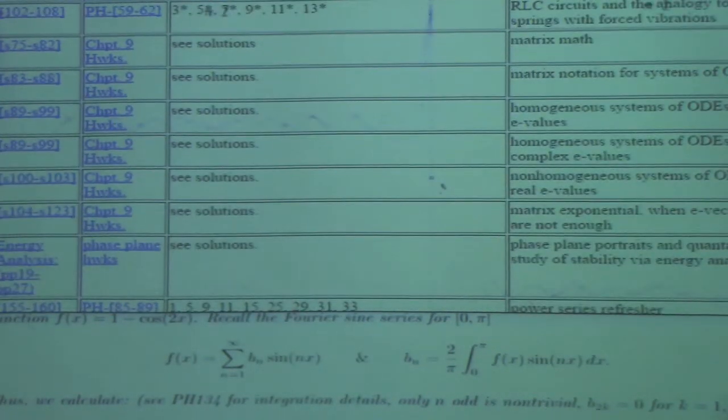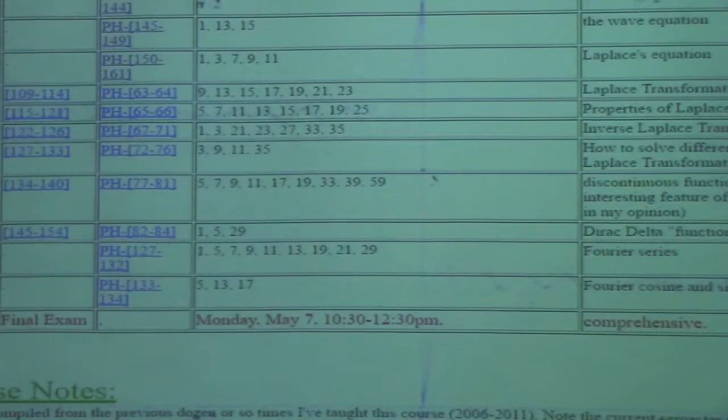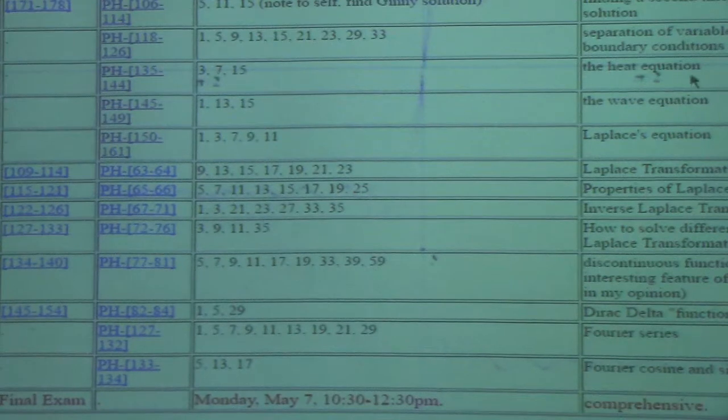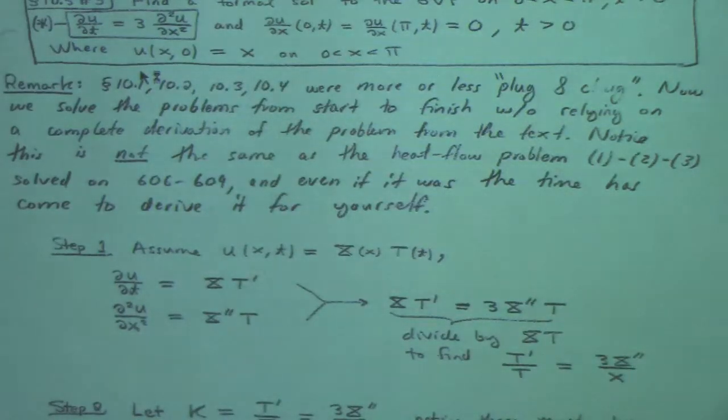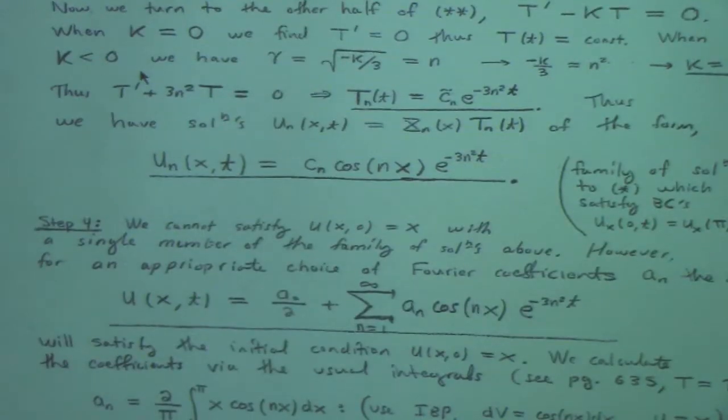So in this table on your web page, you should notice down here I have heat equation, wave equation, Laplace equation, and practice homework, and so forth. In here are some solutions to heat equations, and this looks more like what we did today.